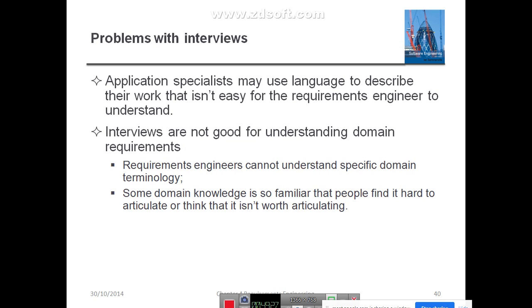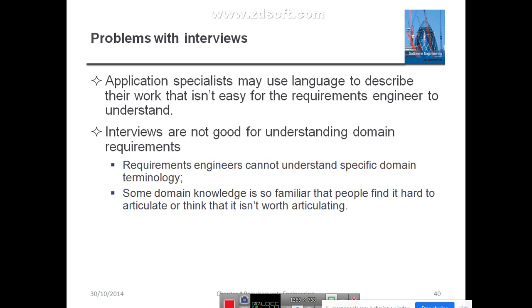As I already told, in requirement discovery you are going to identify the domain requirements also. But by conducting interviewing, it is not possible to understand the domain requirements. Why? Because the requirements engineers cannot understand the specific domain terminology.